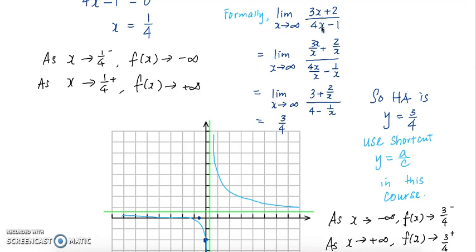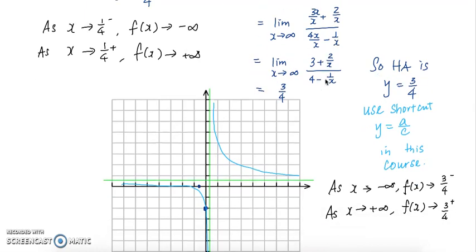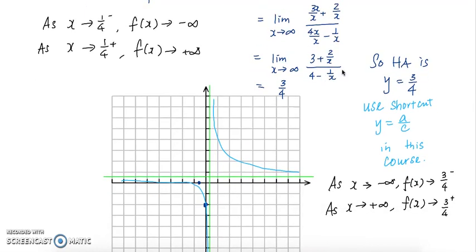I have 3x and 4x, which means that we need to divide all the terms by x. You simplify it, and now we're looking for the limit as x approaches infinity of (3 + 2/x)/(4 - 1/x).